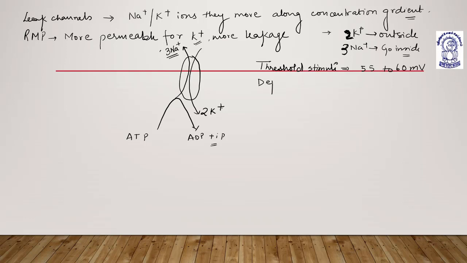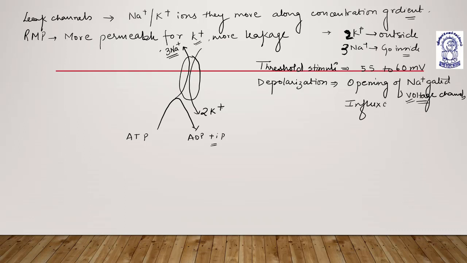Depolarization involves opening of sodium voltage gated channels, which helps in the influx, the rush of Na+. A lot of Na+ comes down like this.